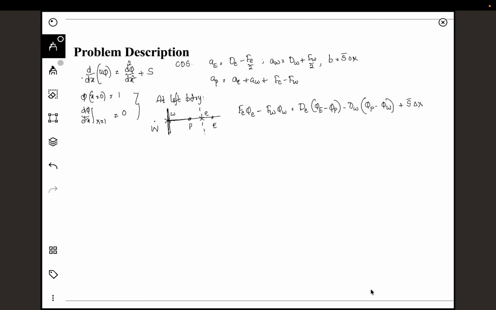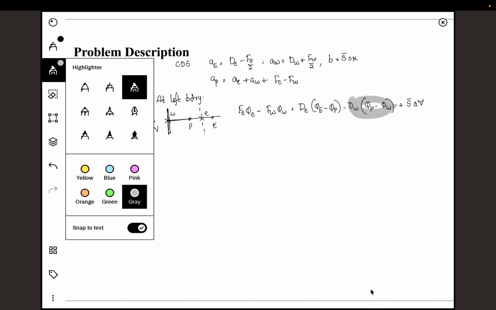I'll just write the source as S delta V. Since area is 1, it becomes delta x. Now in this equation, the only things that we do not know are, for a Dirichlet condition, phi W is phi b, and phi W does not exist as such. This point itself is not there. So we have to change this term. This term has to be changed.